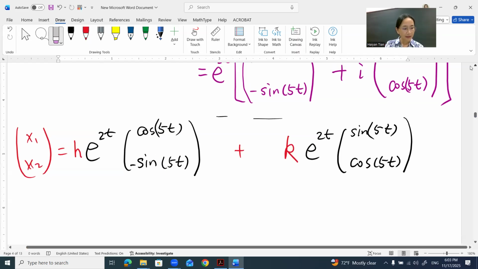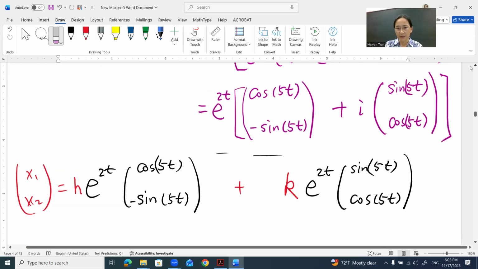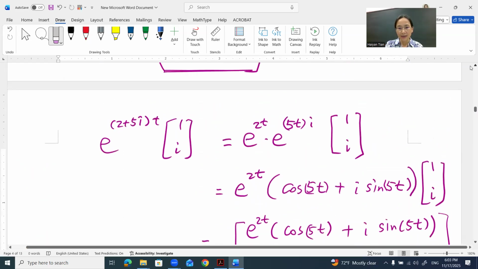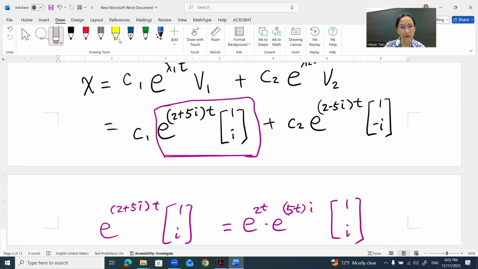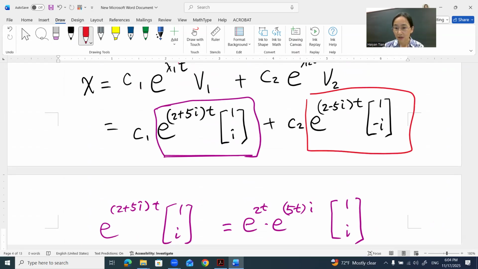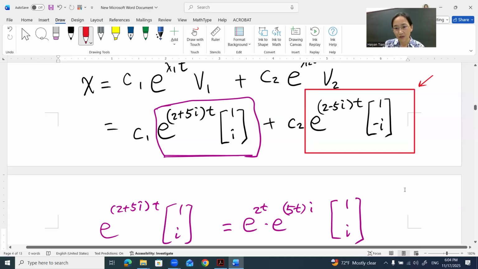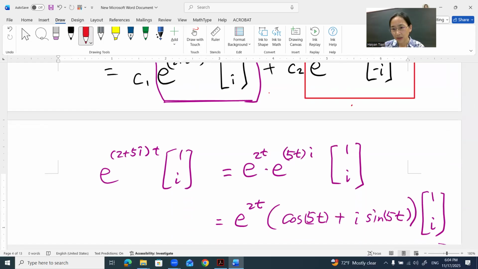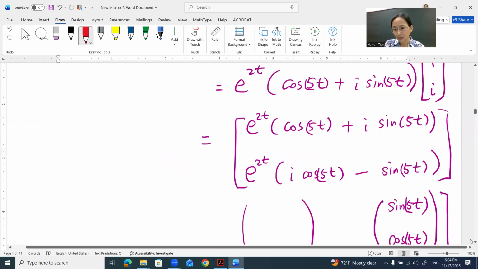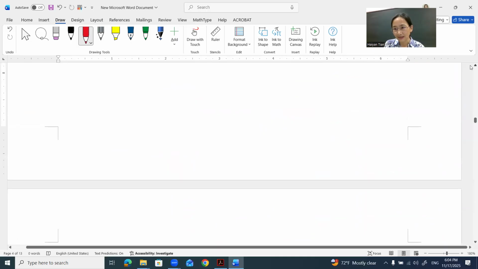And then you might wonder, what if I choose the other one instead of this one? What do I get? Notice this other one comes from the conjugate. So yes, you can try. Eventually, you will discover the real part and imaginary part of this one would differ only at most by a sign.